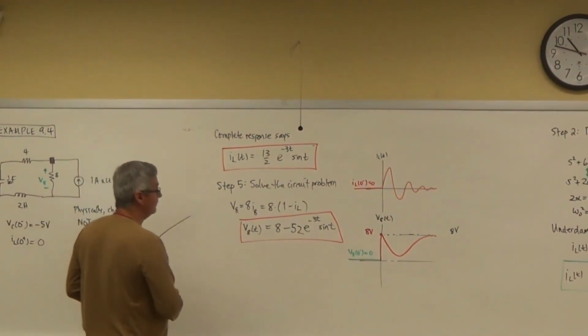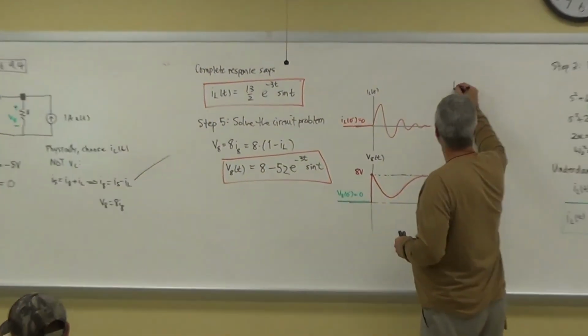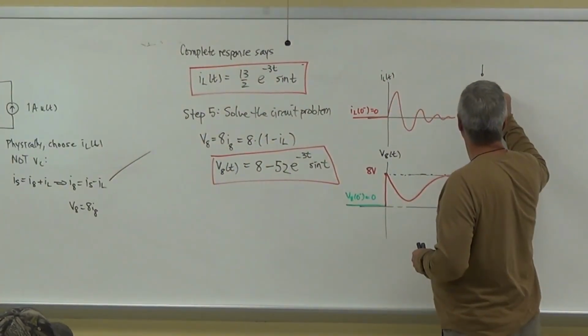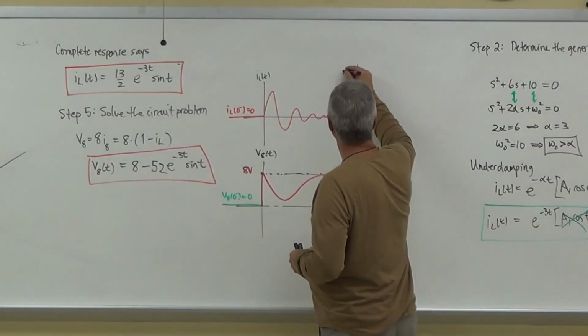So let's look at this here. If I was to try to draw this thing here, I essentially have it open. And this is my cap here, and then I have a switch.